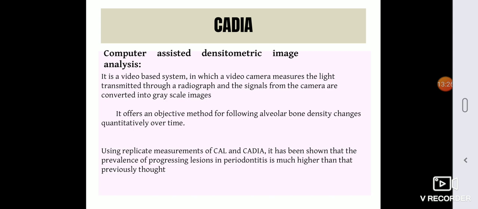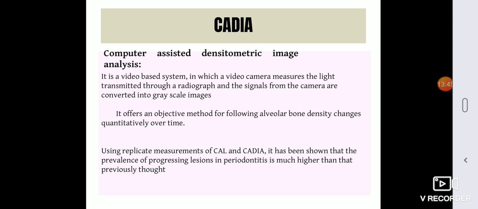Next is the CADIA, or the computer assisted densitometric image analysis. Now this is a video based system in which a video camera measures the light which is transmitted through a radiograph, and the signals from the camera are converted into grayscale images.